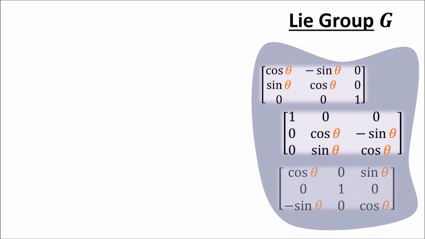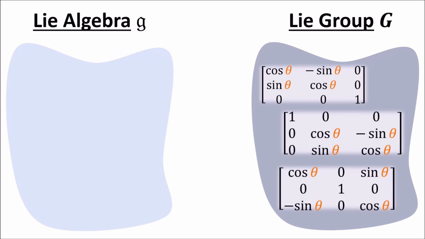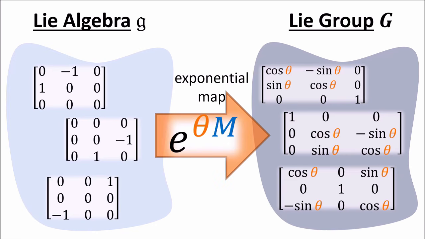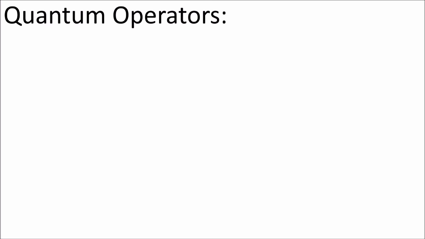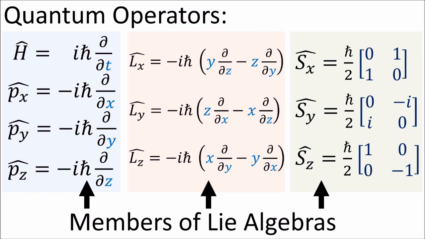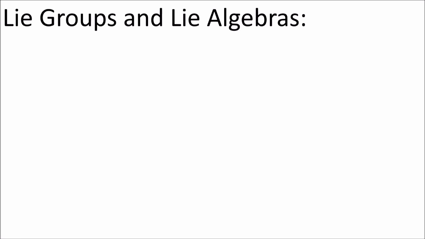Every Lie group has a corresponding Lie algebra, which is a special set of matrices that we can exponentiate to get Lie group matrices. Understanding these Lie algebras can tell us a lot about how to transform various kinds of particles. And all the different types of quantum operators in quantum mechanics belong to various Lie algebras. So let's start off by trying to understand how to take the exponent of a matrix.